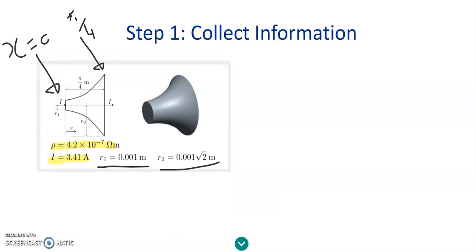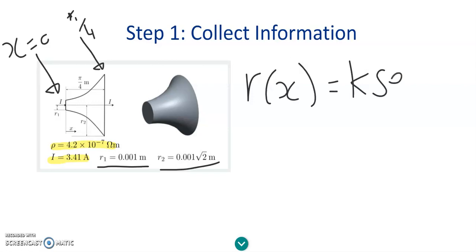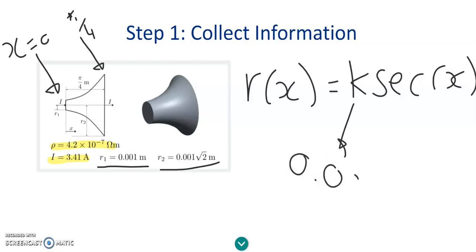But sec of 0 is 1, and sec of pi/4 is root 2. So there's clearly a constant factor there, which is just 0.001. So the shape of the curve is r of x equals k sec x, where k is 0.001.